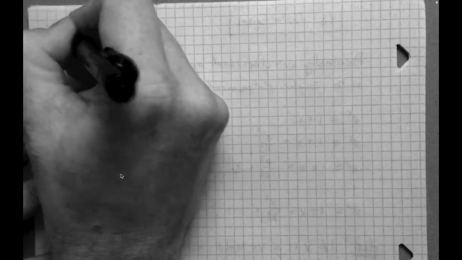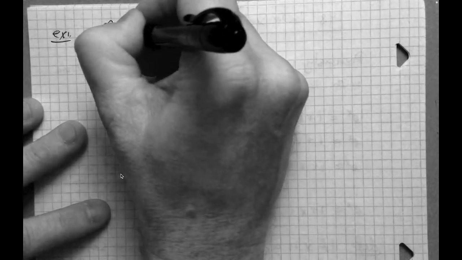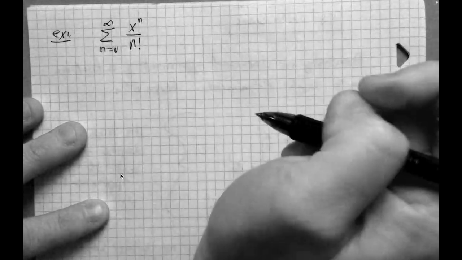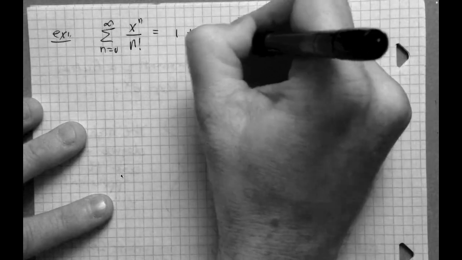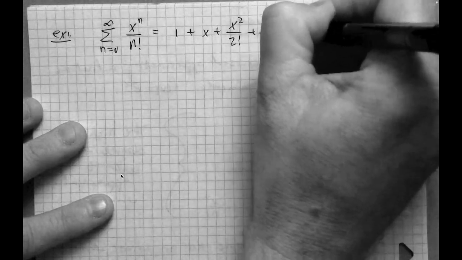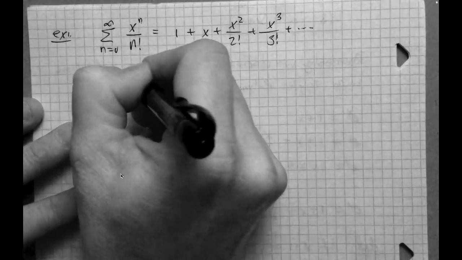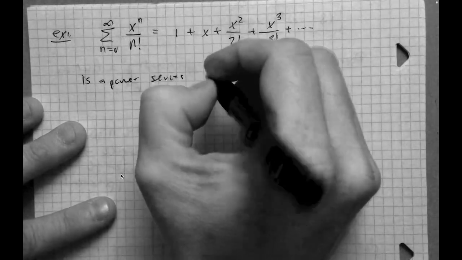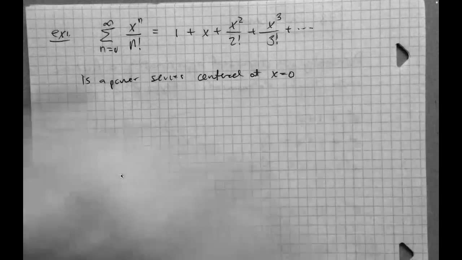So an example: the sum from n equals 0 up to infinity of x to the nth power over n factorial. This is equal to 1 plus x plus x squared over 2 factorial plus x cubed over 3 factorial plus ... This is a power series, centered at x equals 0, of course.